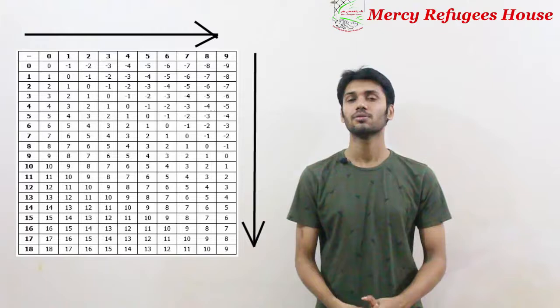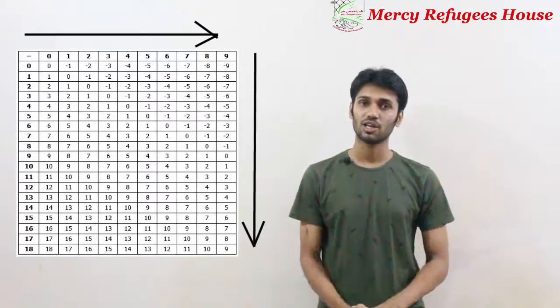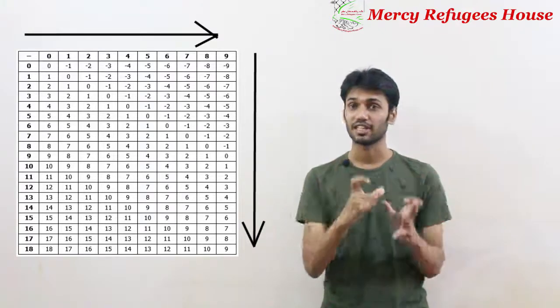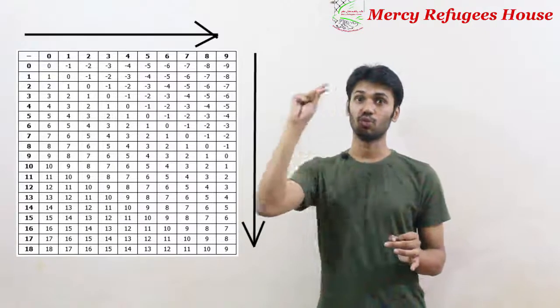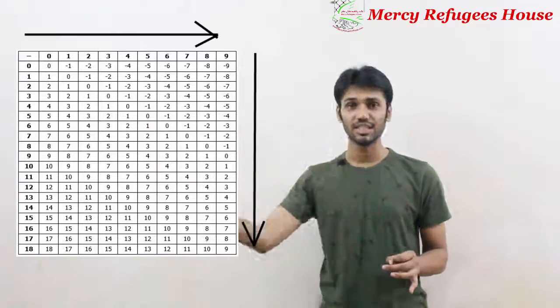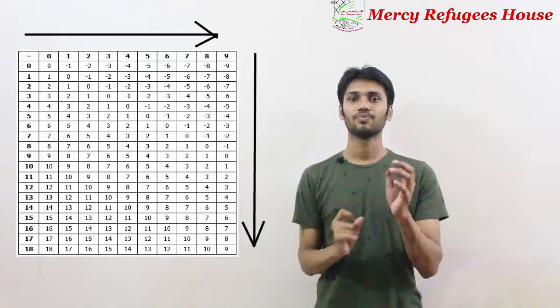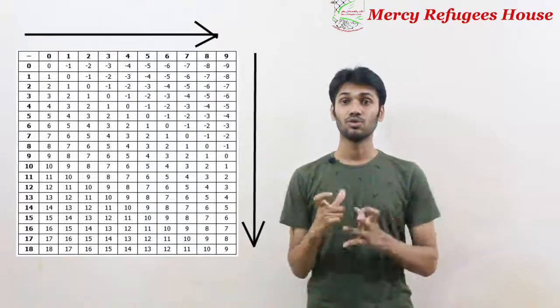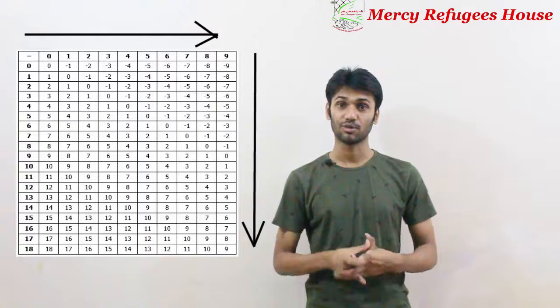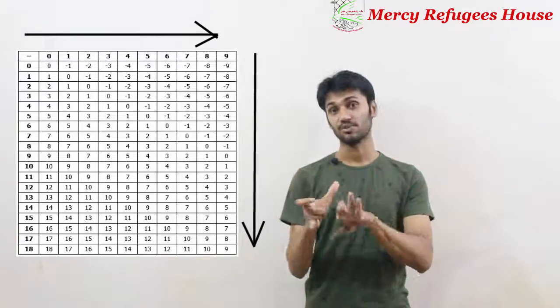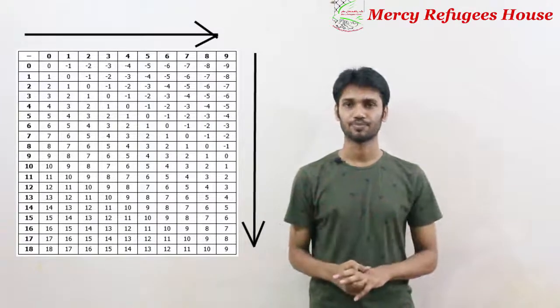So you make sure they understand the subtraction table. Just like the addition table, you keep going row by row. Row 1, row 2, row 3, row 4, row 5. You just go through this. This is going to take time. Take as much time as is required so that the student understands this version clearly.